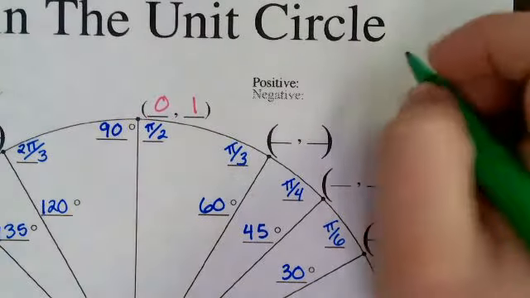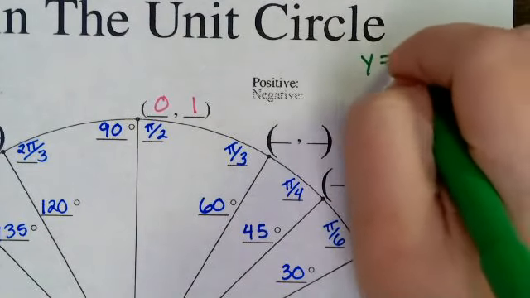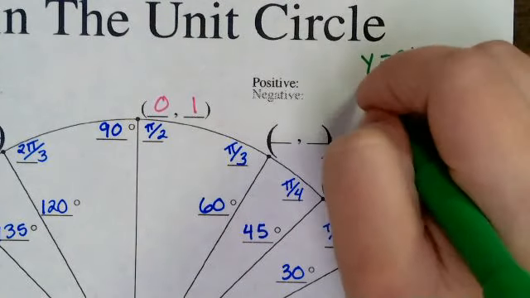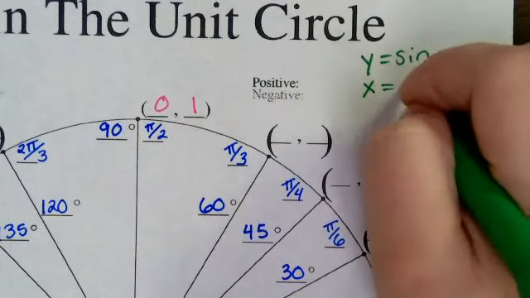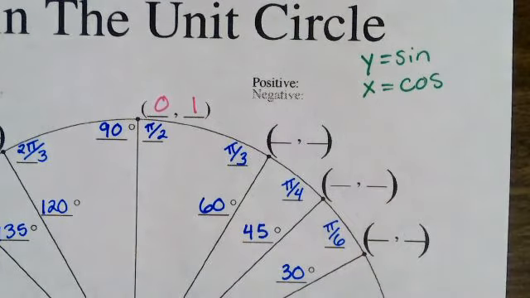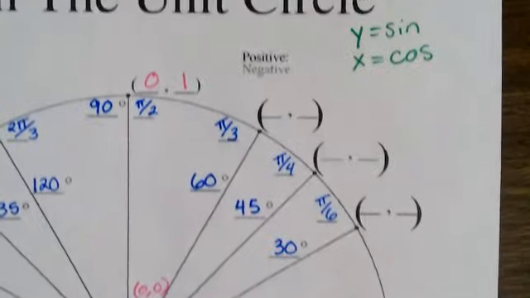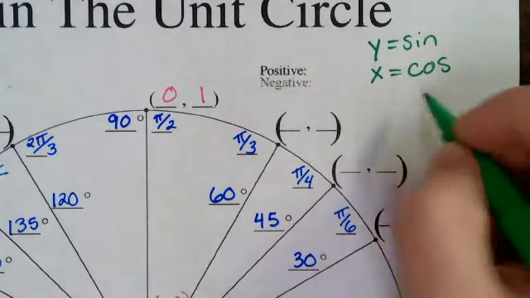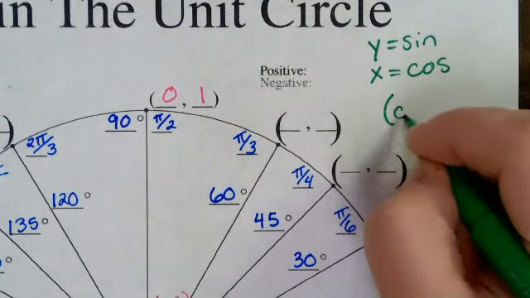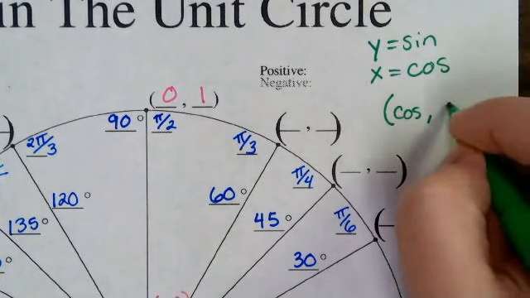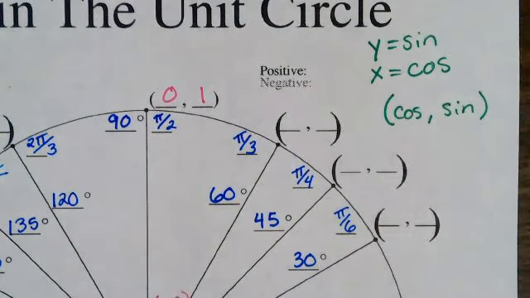I'm going to make a little note up here: y equals sine, and x is equal to cosine. So just keep that in mind as we're going through all of this. You could be looking at your coordinate points as cosine for the x, sine for the y.